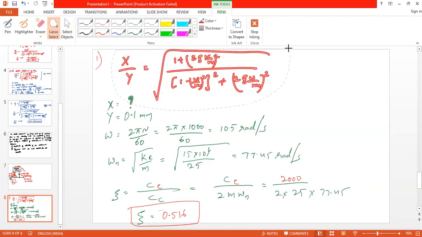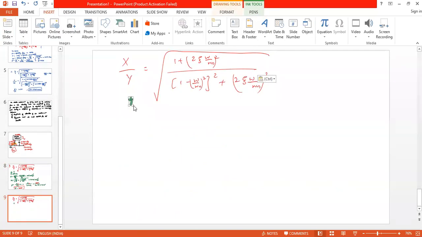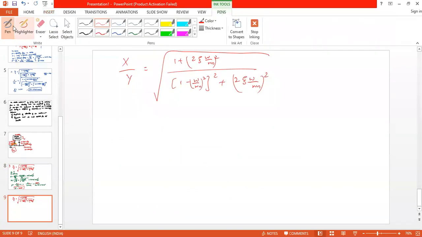So zeta is 0.516, and I think we can solve this equation. The value of x we don't know. We need to find the value of x.